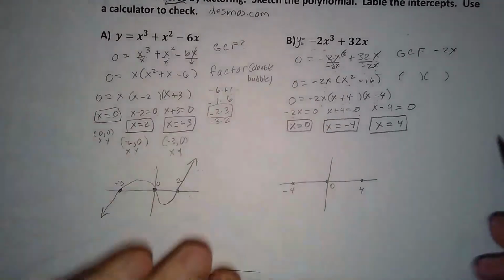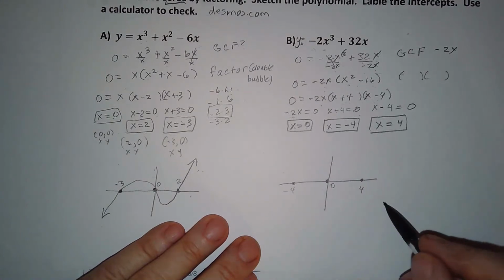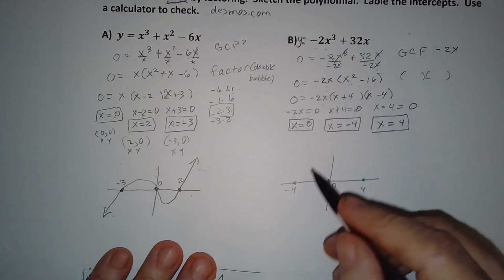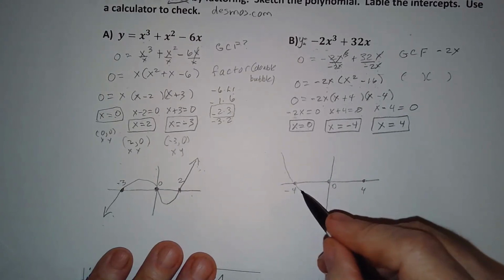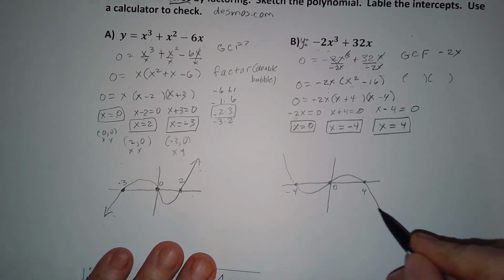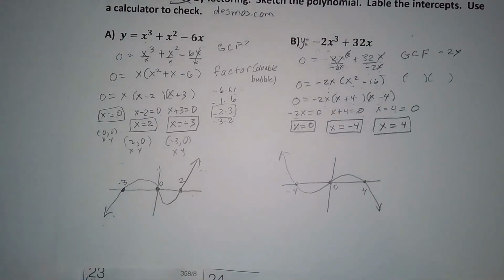So we start up and end down. Before, we started down and went up. So we start up, and then we go down. That's what our graph is going to look like.